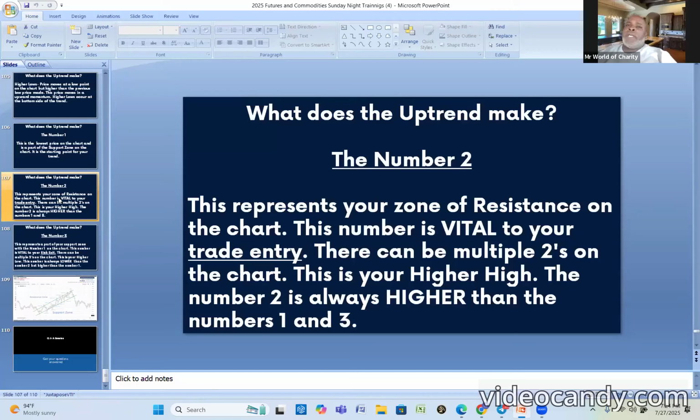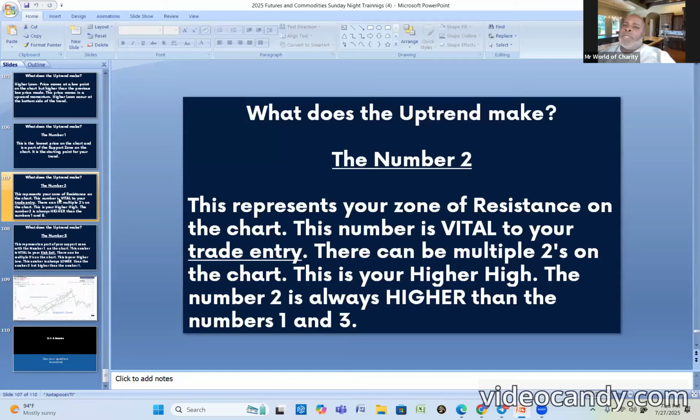But in this particular case, in an uptrend, the number 2 will be your resistance on the chart. The number 2 is vital to your entry because we use the number 2 when it comes to how we're going to enter into a trade. So we'll get more into that.